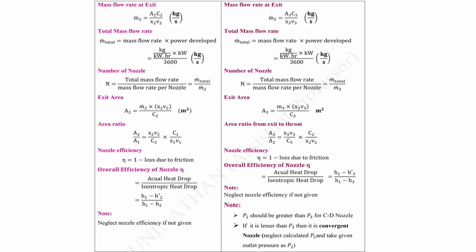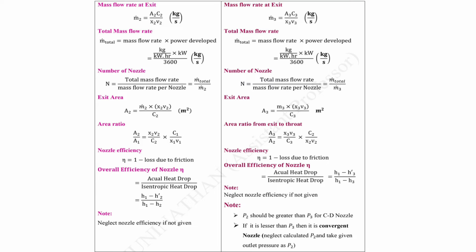Mass flow rate at exit is equal to A2 C2 divided by X2 V2, and total mass flow rate multiplied with power developed, and number of nozzles is total mass flow rate divided by mass flow rate per nozzle.